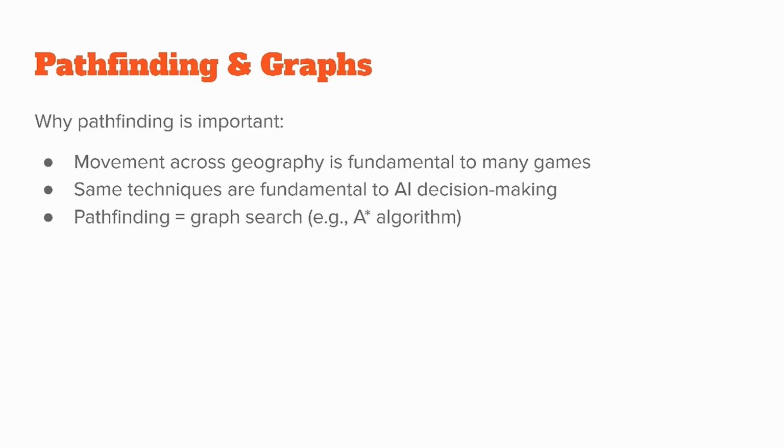Because pathfinding is a graph search. And for designers, you don't really need to be aware of that, but this is helpful for programmers to realize. There is something called a heuristic function that graph searches use to determine which path down this graph of nodes should I follow for the most likely best outcome.